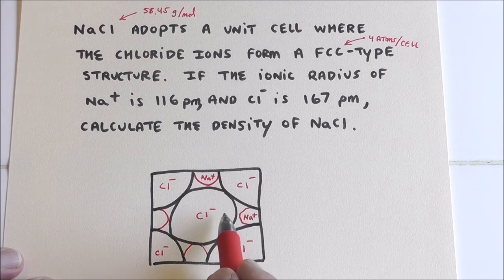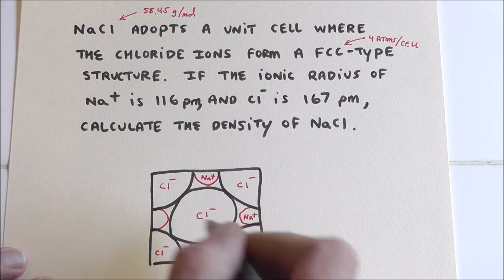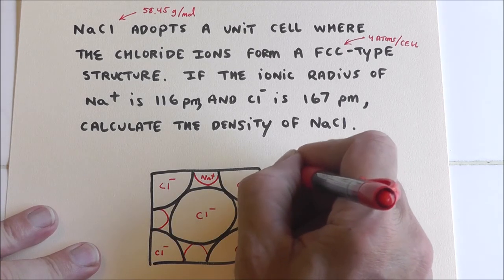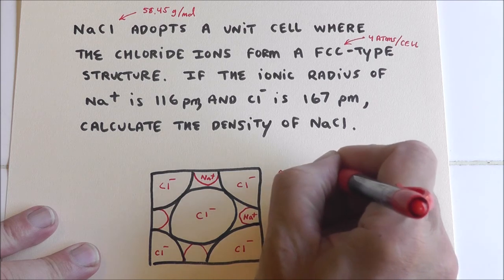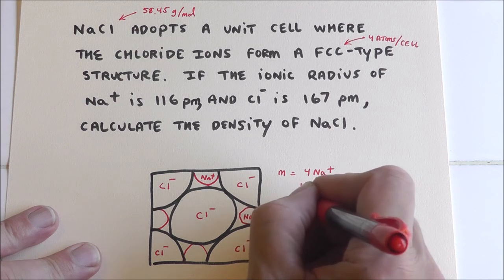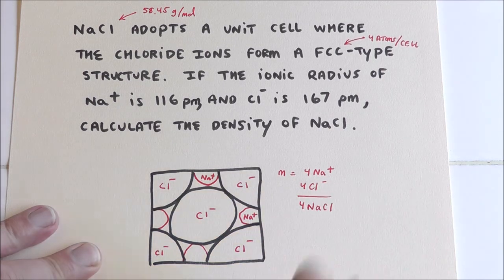That's actually 1/4 of an atom, and so you'll have like 12 of those. That would be worth 3 atoms. And then inside hiding is a body atom, and that would give you another atom. So trust me, there's 4 sodiums, 4 Na pluses, and 4 chlorides. And if you want to just add them together, 4 NaCls.